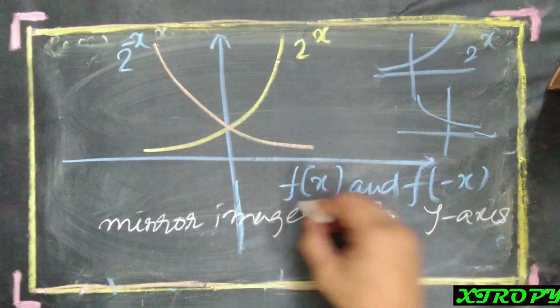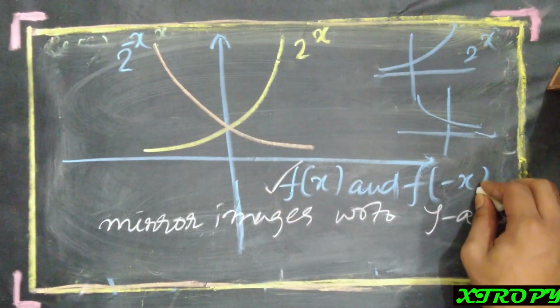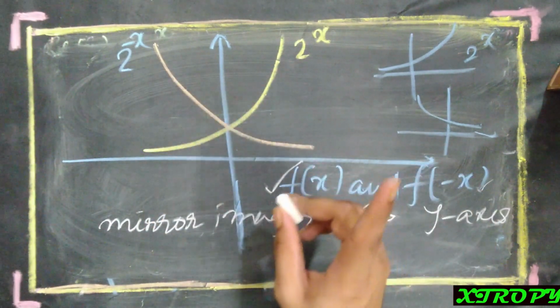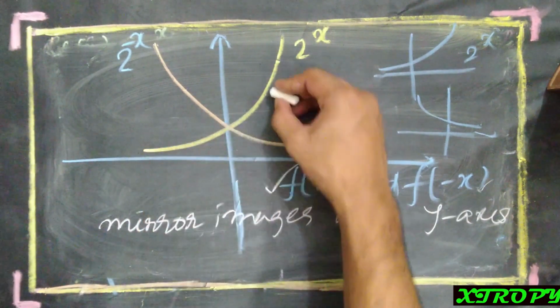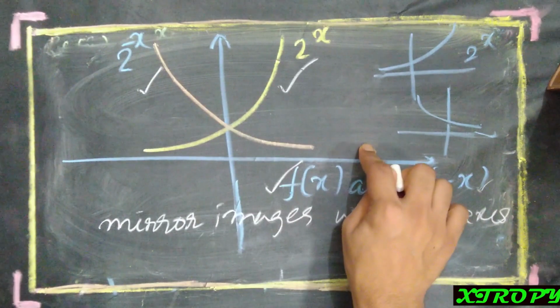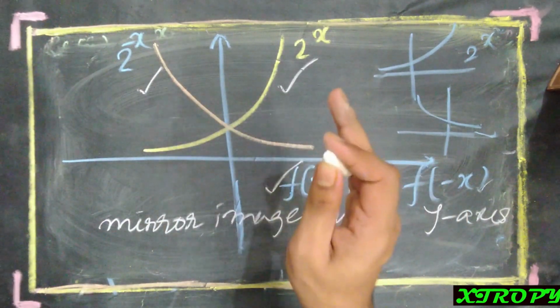So if you have a graph of f(x), you can draw the graph of f(-x) just by reflecting with respect to the y-axis, and vice versa. So this is quite an important observation to notice. This one is of increasing nature and this one is of decreasing nature. I hope this observation has given you something new to understand.